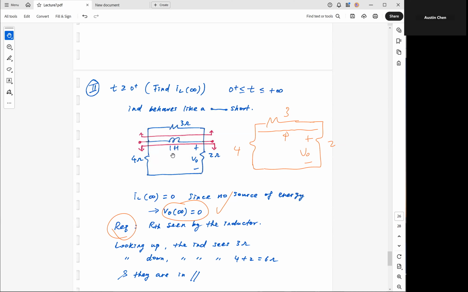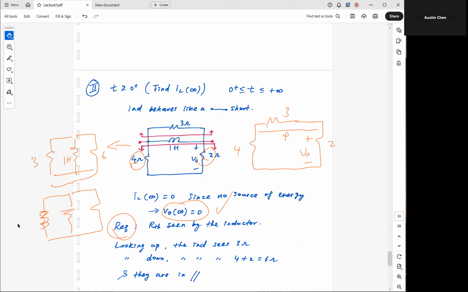When it looks down, it sees 4 and 2, which I can combine into 6. So I have this 3, this is 1 Henry, and this is 6 ohm. Since they're all in parallel, I can move them around.